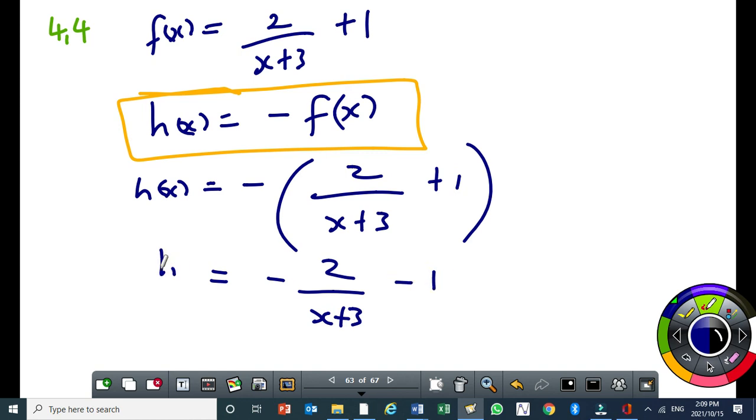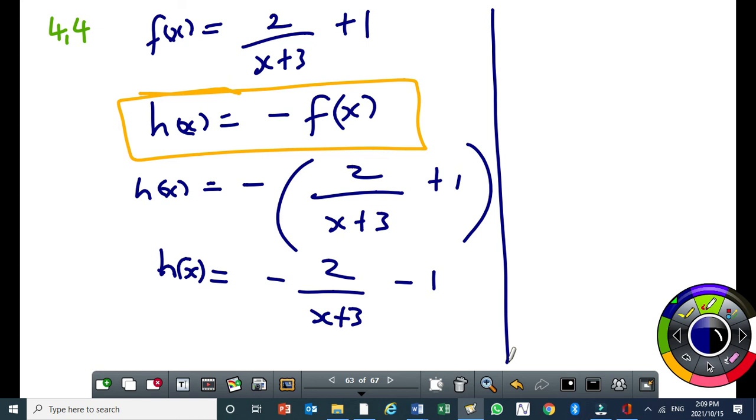So this is the equation for h of x. I'm sure you can see that I did not guess the equation. Then, from here, I need to determine my line of symmetry with a positive gradient.